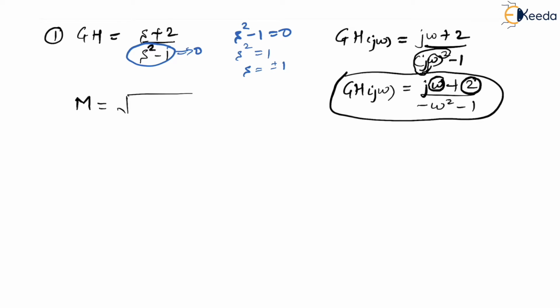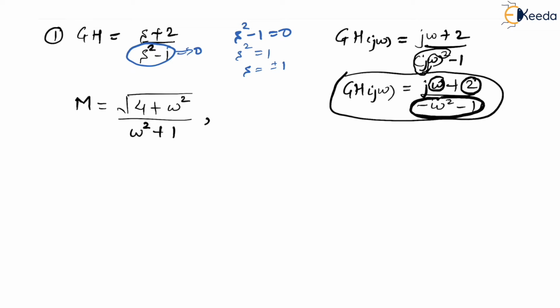Real part is 2 squared, which is 4, so we get 4 plus omega squared, divided by the magnitude of the denominator. The denominator magnitude is going to be omega squared plus 1. That is nothing but the magnitude.